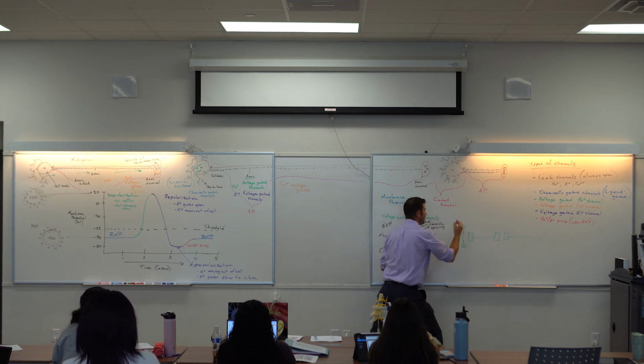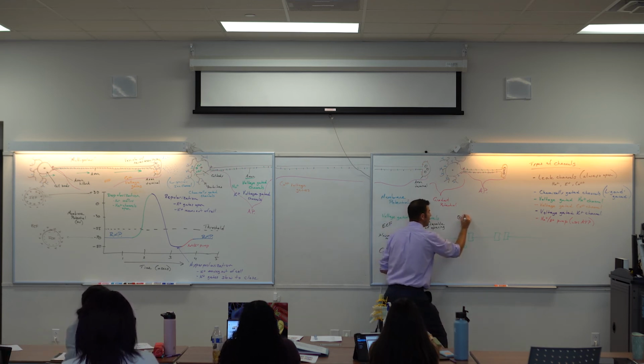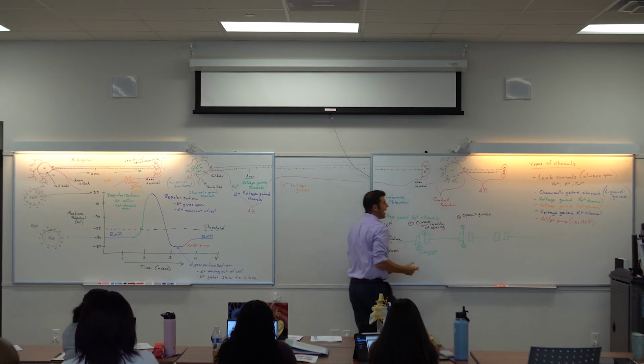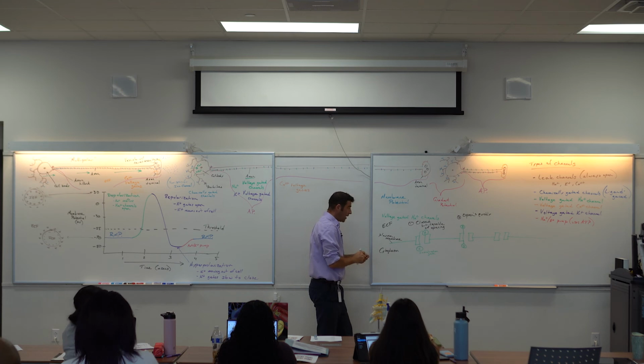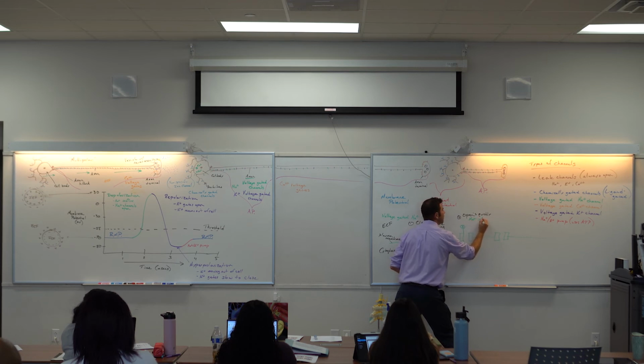In this position, this is the second position of our voltage-gated sodium channel. We call this the open position. It opens very quickly. And as this gate opens very quickly, what happens is, right behind that, sodium ions move into the cell. So we have sodium ion influx.